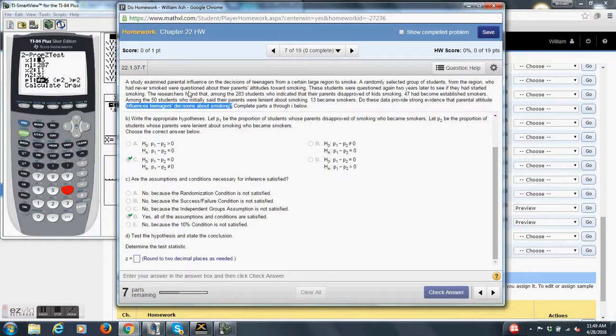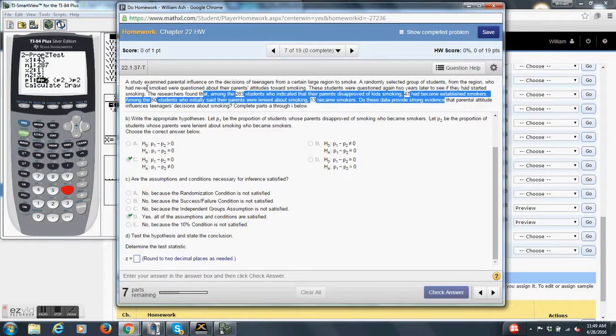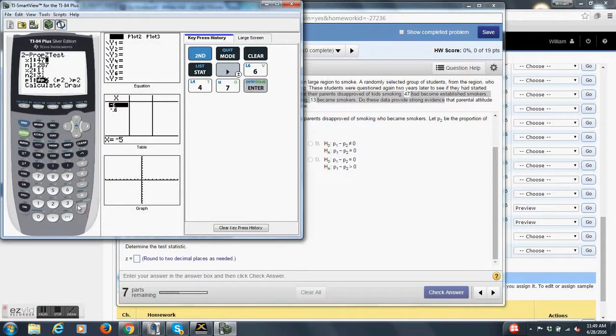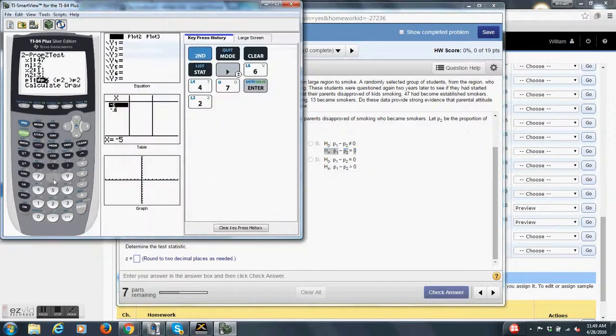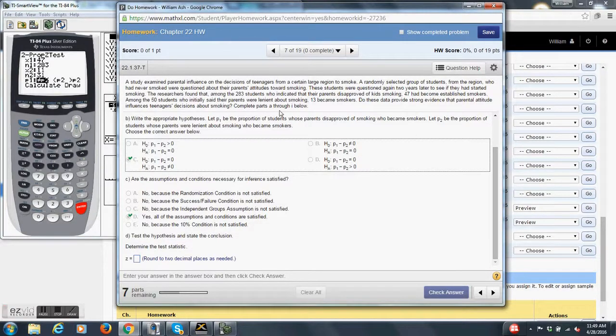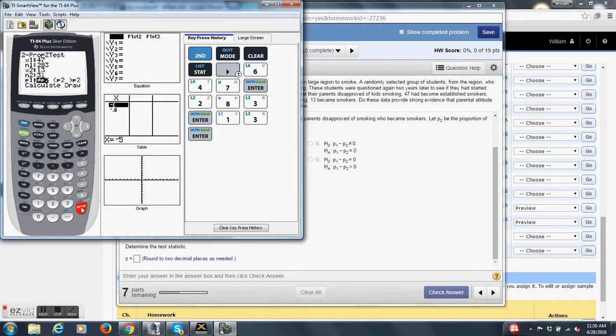So P1 is the proportion of students who disapproved of smoking, and it says, found that among the 283, 47 became smokers, so there we go, 47 out of 283. And among the 50 who were lenient, 13 became smokers, so that's going to be 13 out of 50.